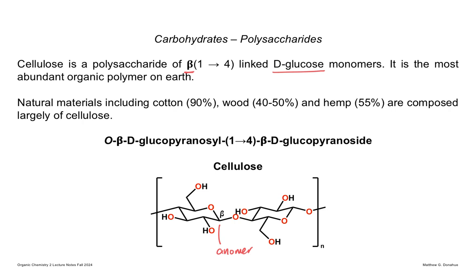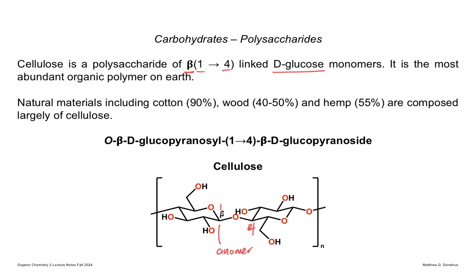The thing in the parentheses, 1 to 4, is telling you the linkage from one monomer to the next. So where you have that beta anomer, that's carbon 1, and then it's linked to carbon 4 of the next glucose.